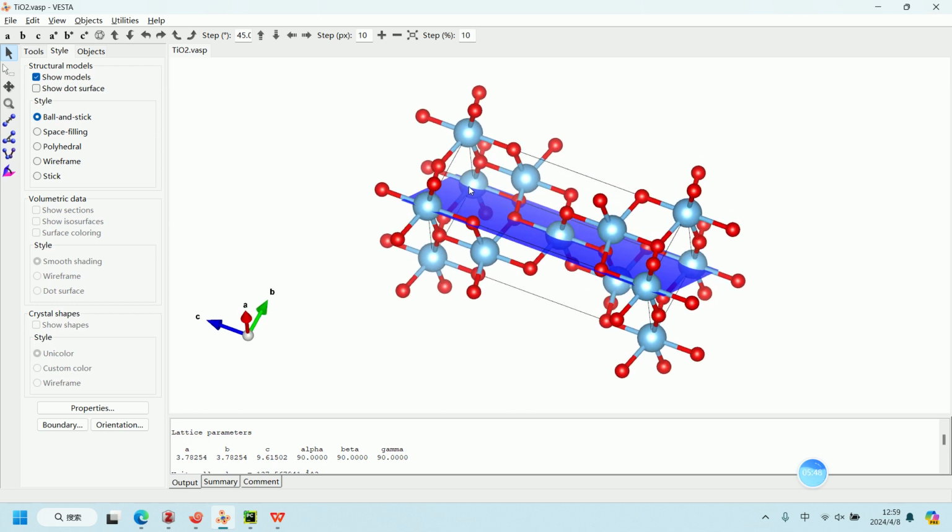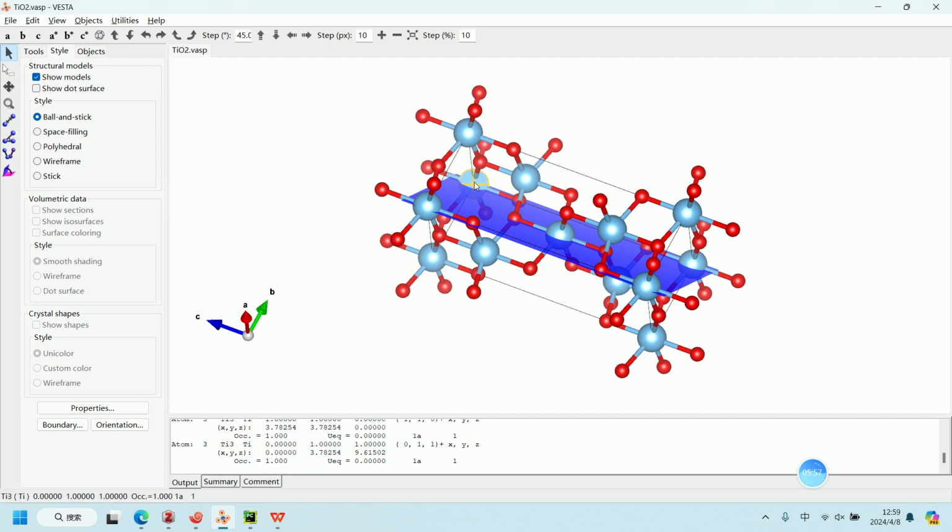We can select this vector as our A prime vector. And how to calculate it? We can take the difference between the position vectors of these two atoms. So let us firstly look at the position vector of this atom, which is here.